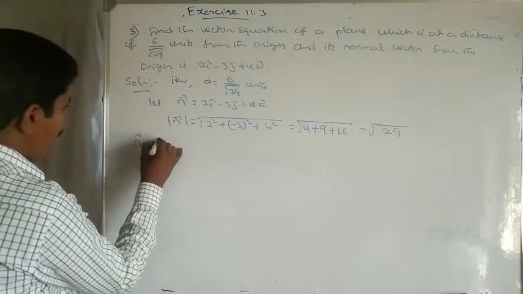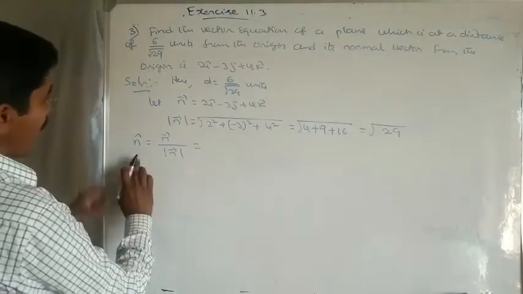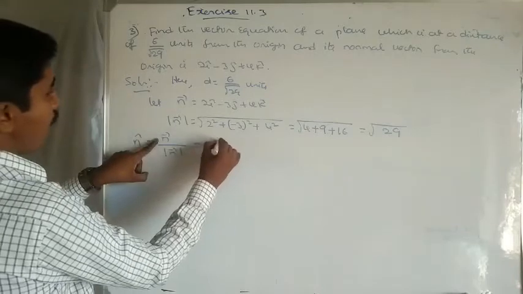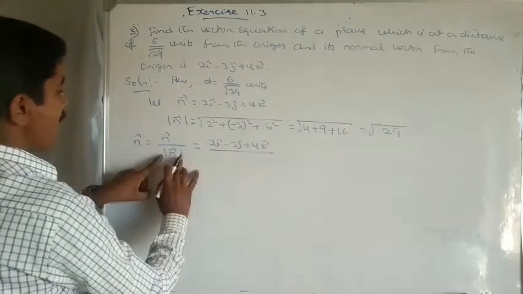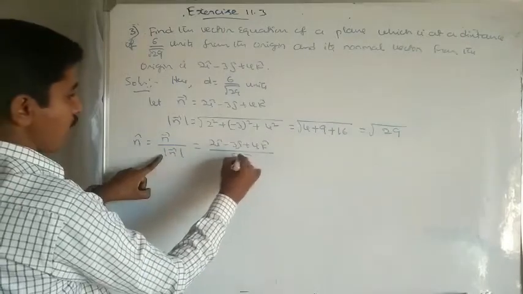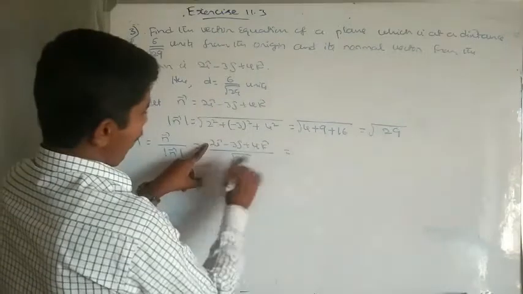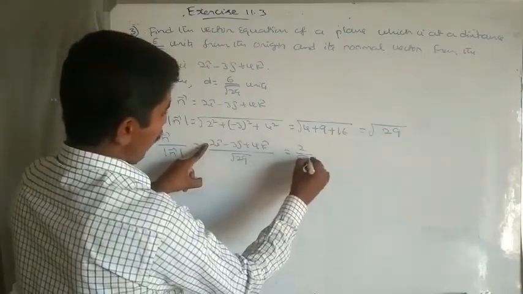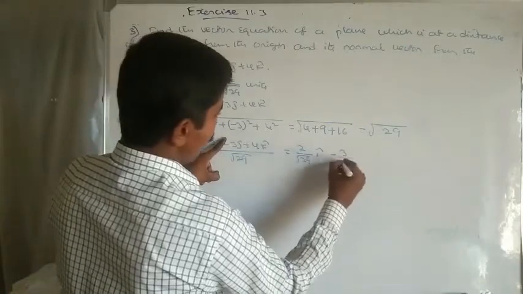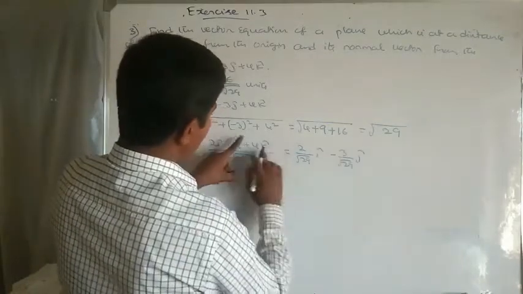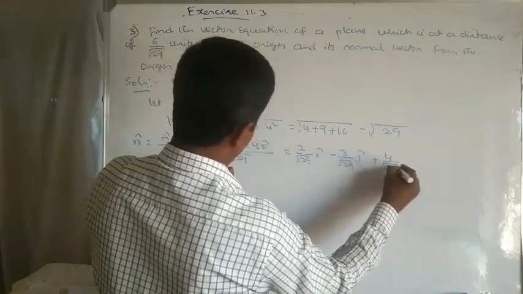N cap equals vector n divided by magnitude of vector n, that is 2i minus 3j plus 4k divided by root 29. This can be written as 2 by root 29 i cap minus 3 by root 29 j cap plus 4 by root 29 k cap.